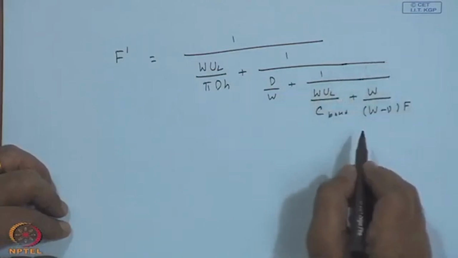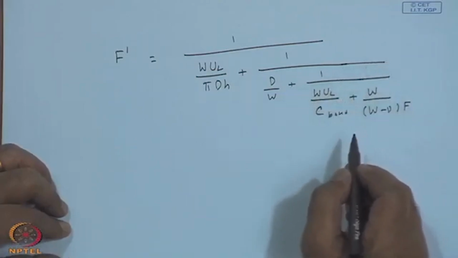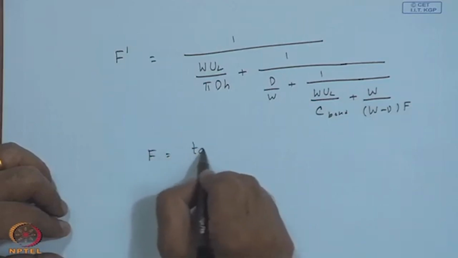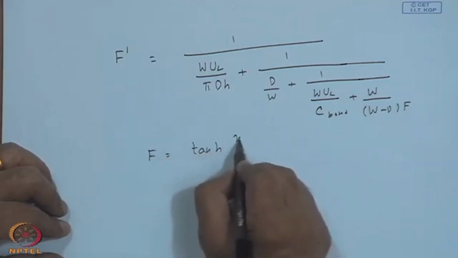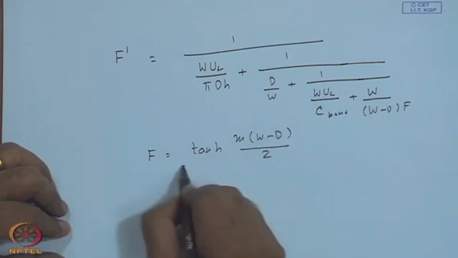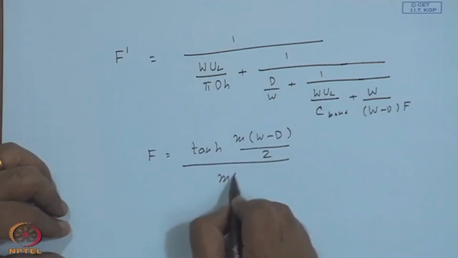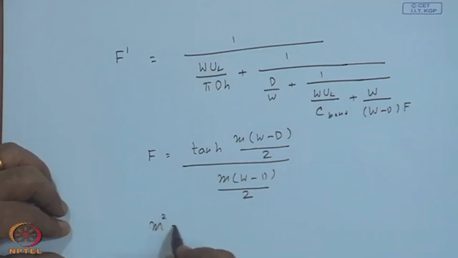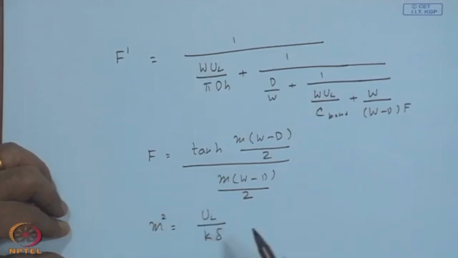Again, the fin efficiency has the same expression, that is F is tan hyperbolic m into W minus d by 2 upon m times W minus d by 2, where the fin parameter m squared is defined by U L by k delta.